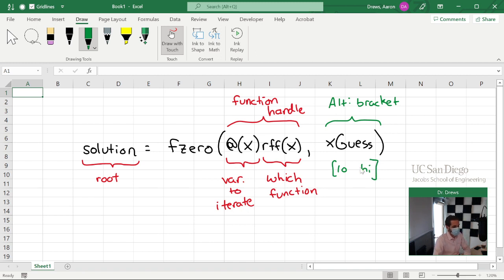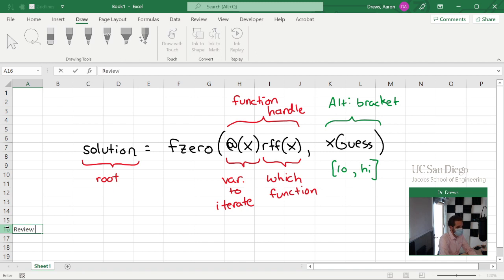So you can pass it as a 2-element vector of low comma high or just low space high, and it will force it to search in only that area for the root. And then you don't have to really guess. You can just say it's in between those two regions. And that's the new one that we're going to cover today in just a moment when I switch over here.